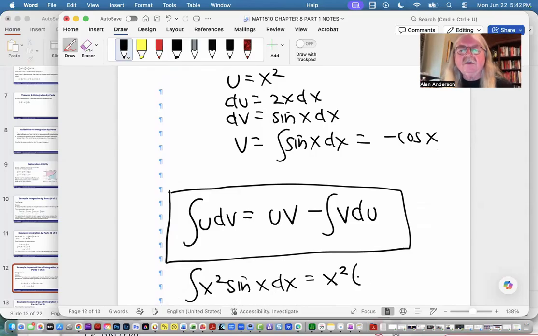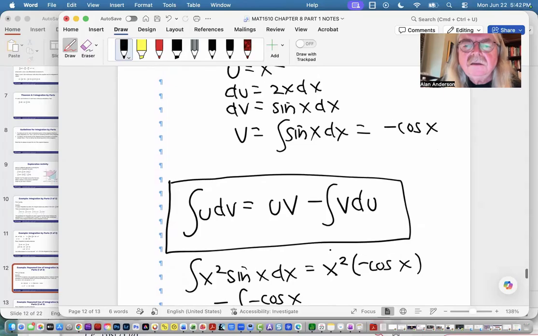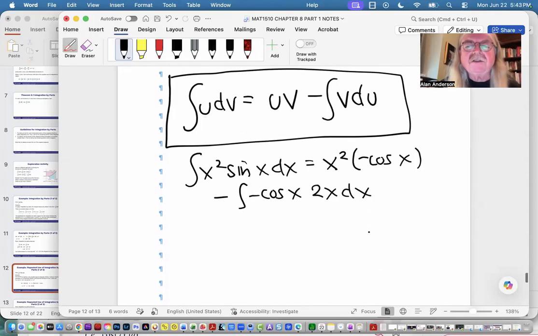V is negative cosine x. Then we have the integral of negative cosine x, and du is 2x dx. All right, so let's simplify that just a little bit.